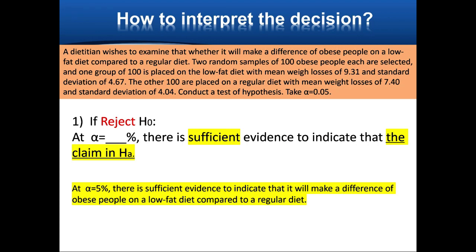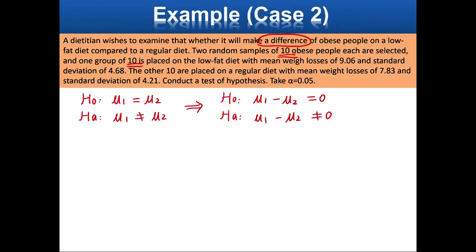Now let's see example 2. So it will be the same testing. We want to figure out whether it will make a difference for obese people on a low-fat diet compared to a regular diet. However, we don't have a lot of samples, so we only have 10 people for group 1 and 10 people for group 2.